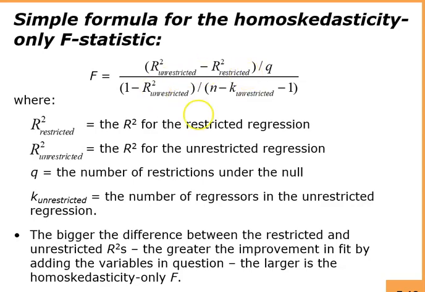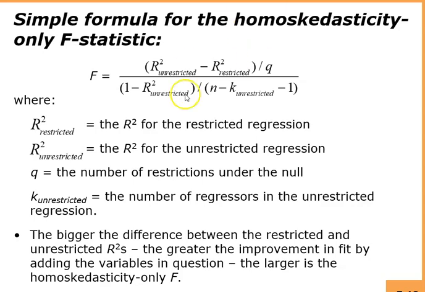Plugging in all of these numbers gives us the homoskedasticity-only F-statistic. And the bigger the difference between the restricted and the unrestricted R squared, the greater the improvement in fit by adding the variables in question.